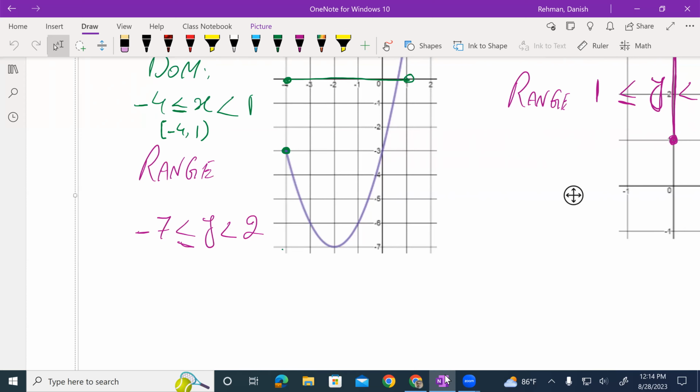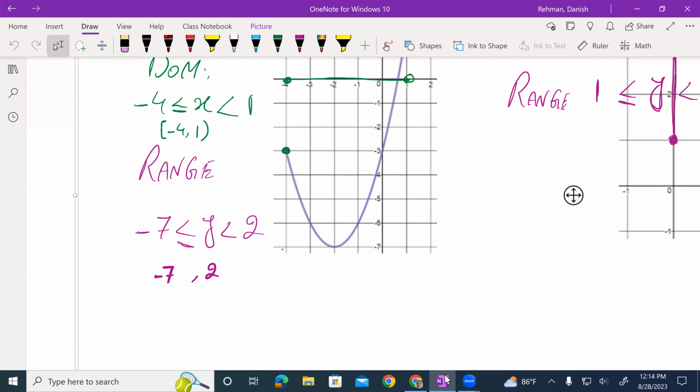Can you tell me, if I'm putting here the -7 and a 2 with a comma, what should I put with the -7? A square bracket or the parentheses? What will determine if it should be a square bracket or a parentheses with the -7? Jacob?